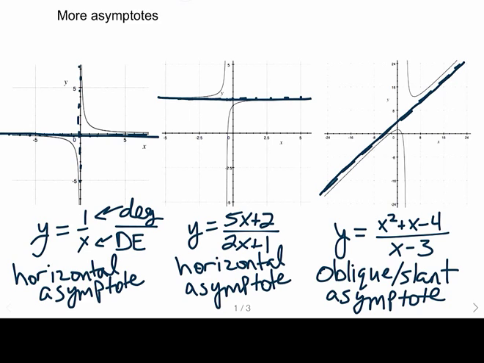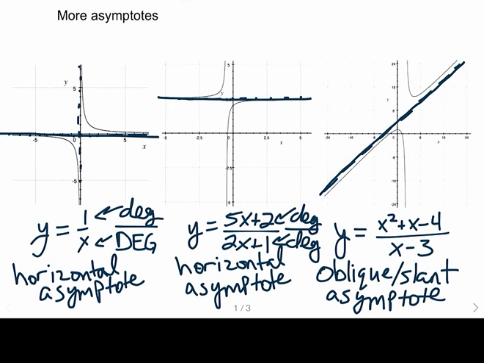Remember that a constant has degree 0, x has degree 1, and so 0 is smaller than 1. In the case of the second graph, the degree of the numerator is 1, 5x plus 2. The degree of the denominator is also 1, and so we have matching degrees.